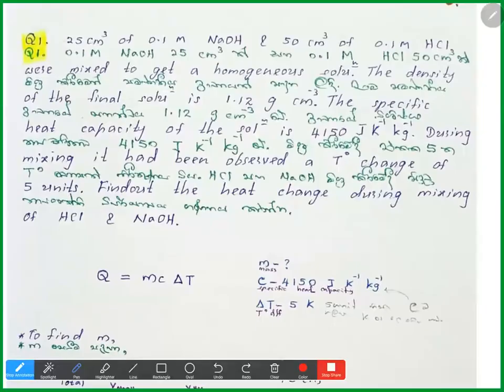We're going to calculate heat change. 25 cubic centimeter of 0.1 M sodium hydroxide, so CV of sodium hydroxide is given. 50 cubic centimeter of 0.1 M HCl, CV of HCl given. So mixing, density of the solution is given.